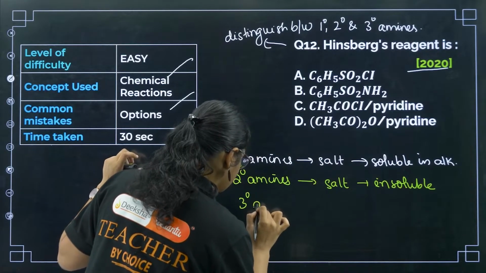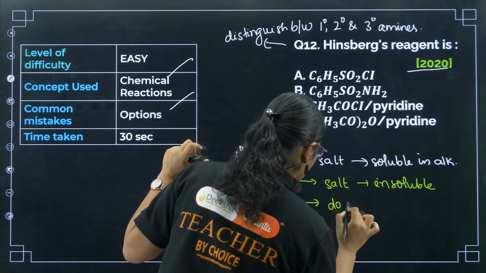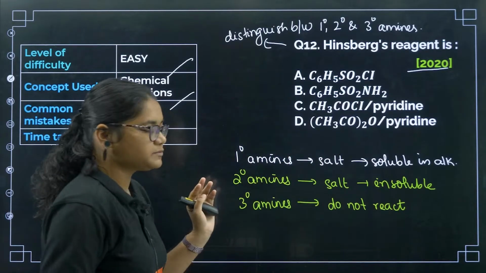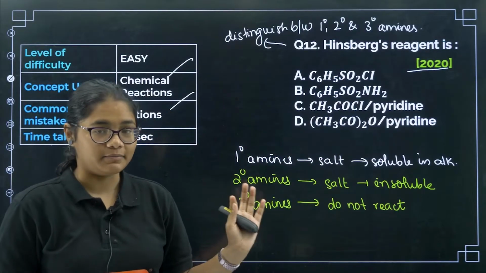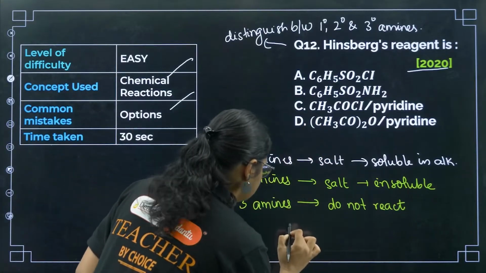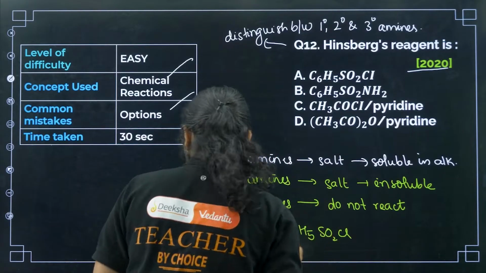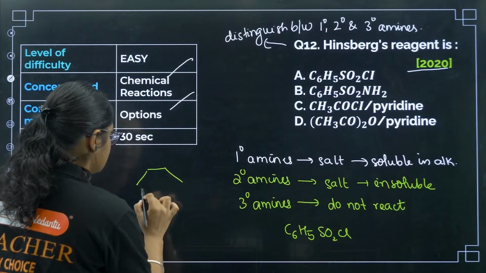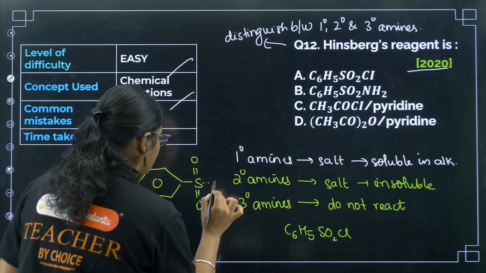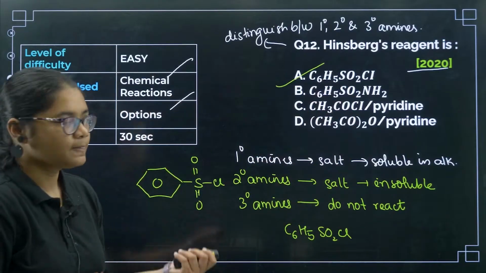Now tertiary amines do not react. That is how we can distinguish between primary, secondary and tertiary amines using Hinsberg reagent. The Hinsberg reagent is nothing but C6H5SO2Cl. The structure is C6H5S double bond O, double bond O and then Cl. So correct answer is option number A here.